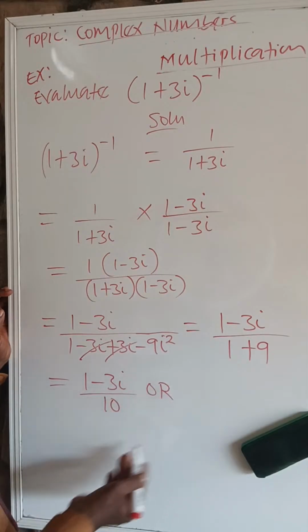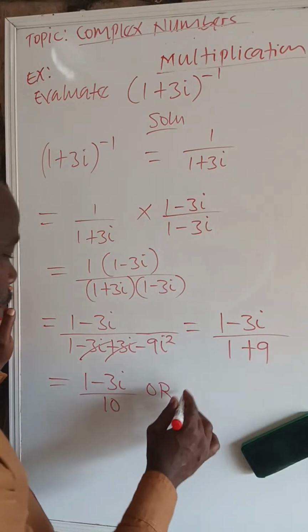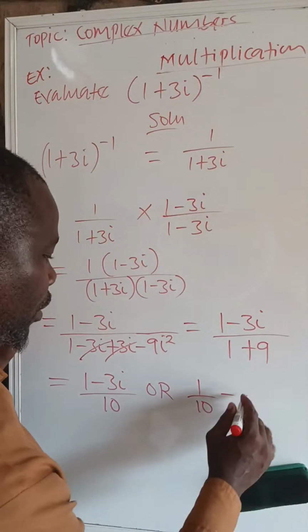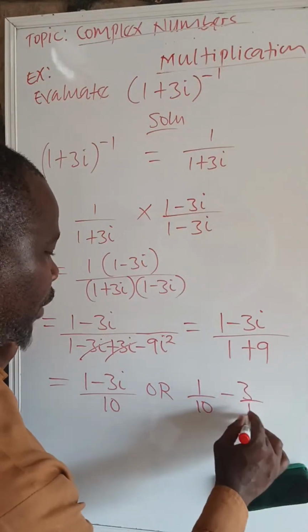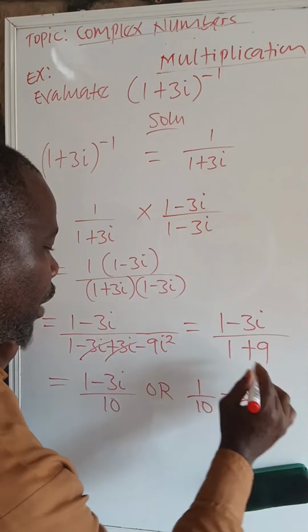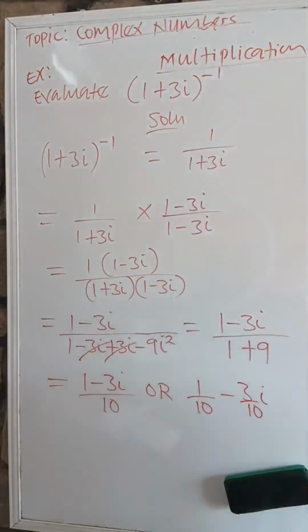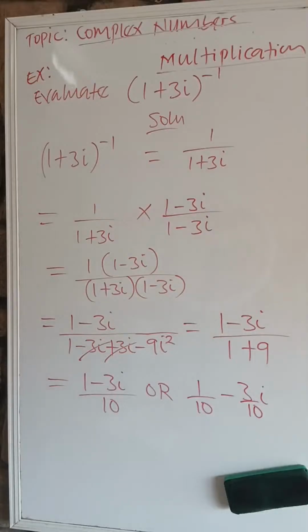Or we can rewrite this as 1 all over 10 minus 3 all over 10i. Any question, please ask.